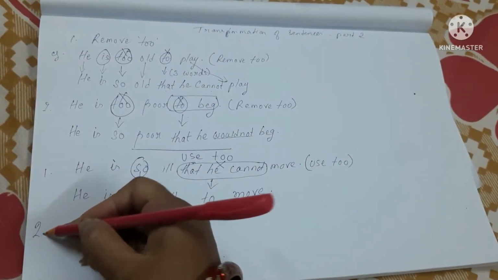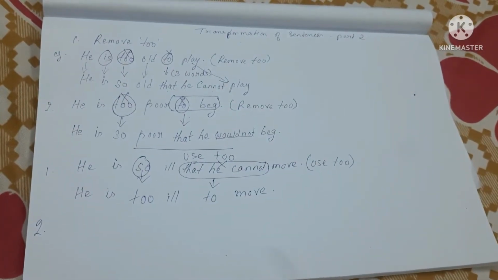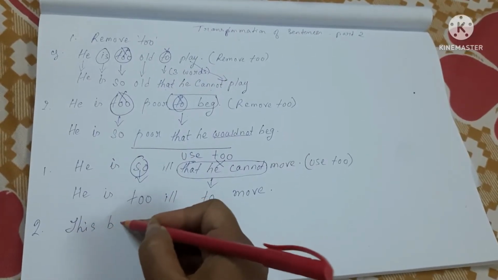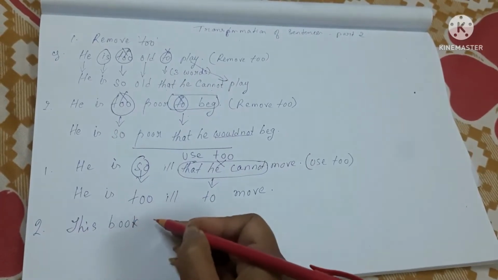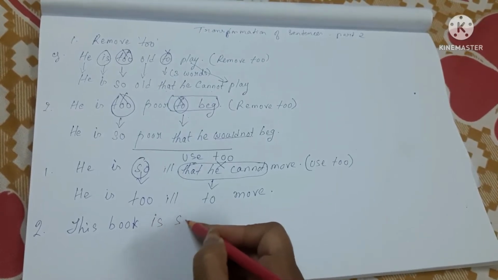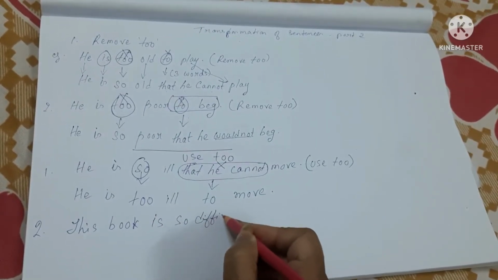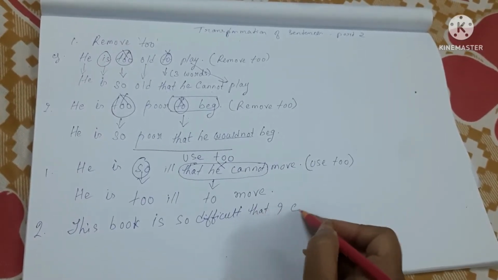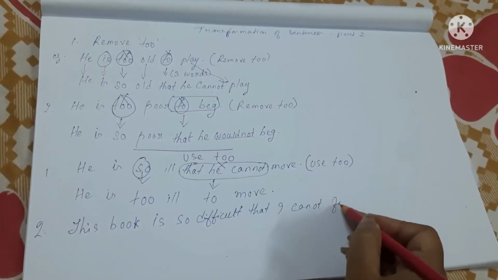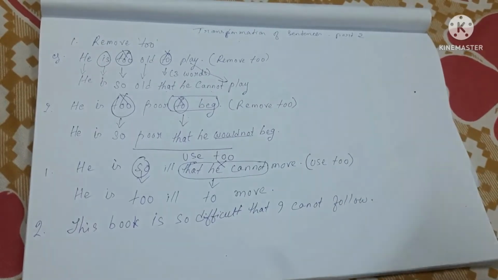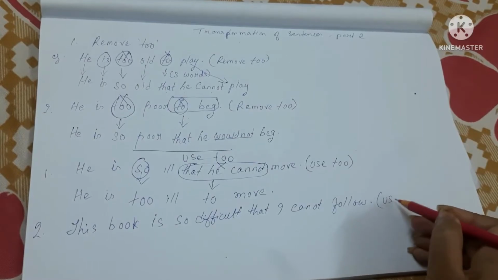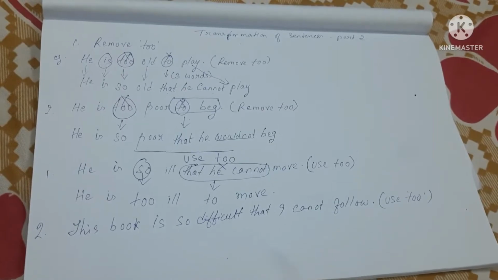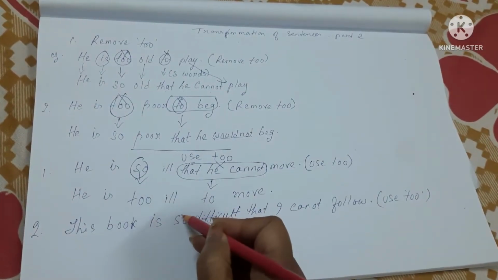Let's move on with another example. This book is so difficult that I cannot follow. The instruction again is use too. So what we have to do?